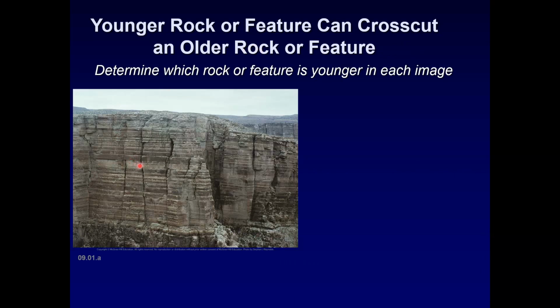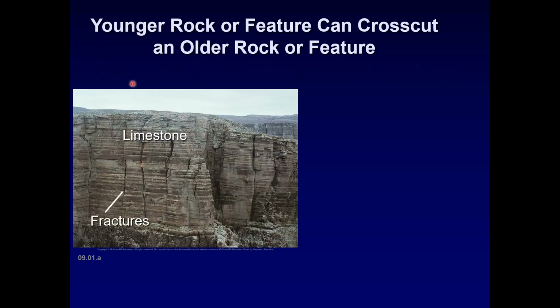Another principle is that a younger rock or feature can cross-cut an older rock or feature. So we'll see which feature is younger in each of these images. You're looking at a section of limestone here, and within that limestone are vertical fractures. So the fractures are the younger feature. The limestone is older than that.